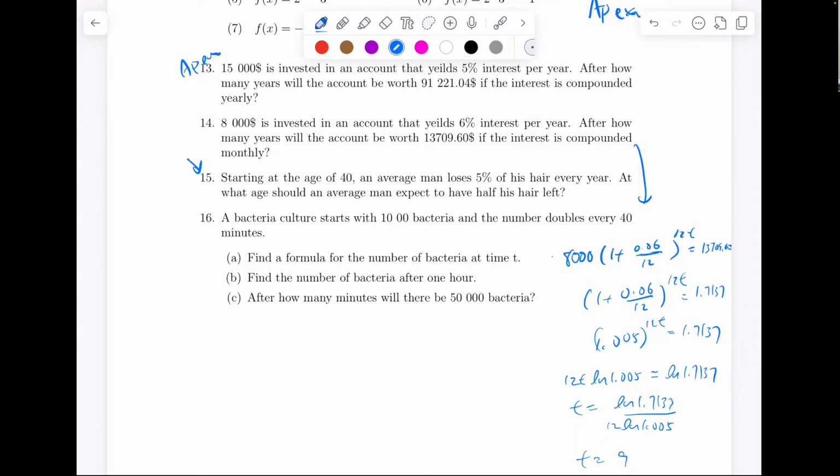All right, question 15. That's not a half life. Well, I guess it is half life. Okay, so now we got question 15. You've got to figure out the way to do this. Here's my question. How many times does it compound?